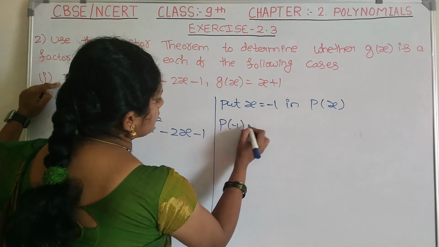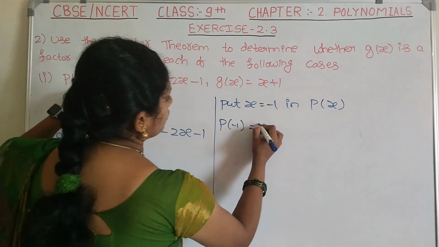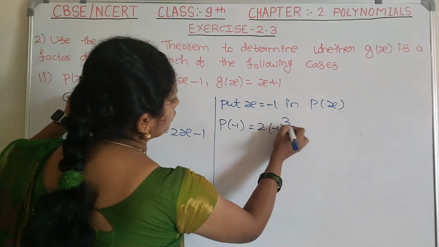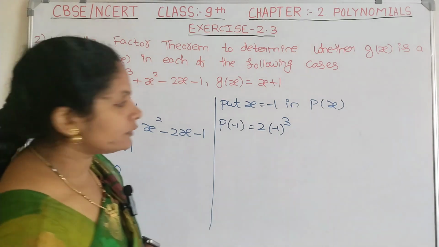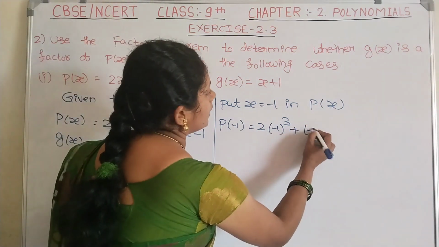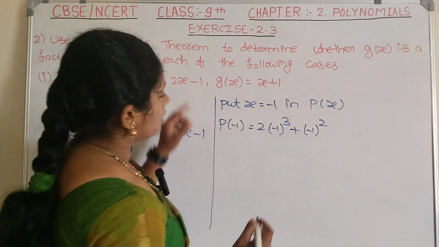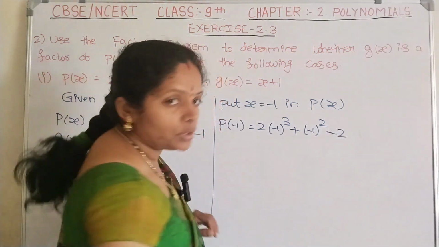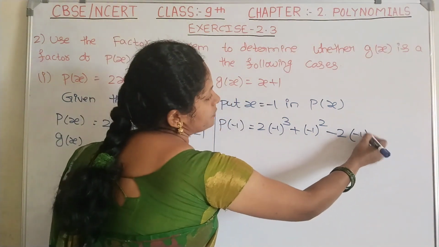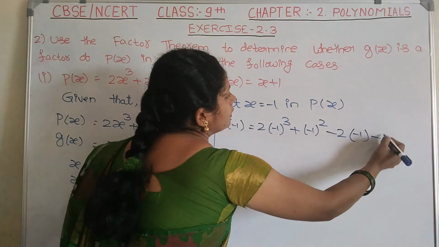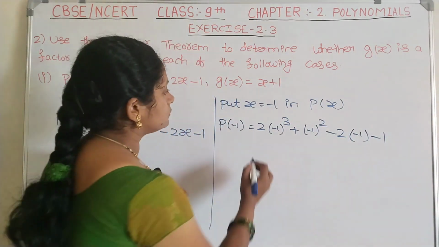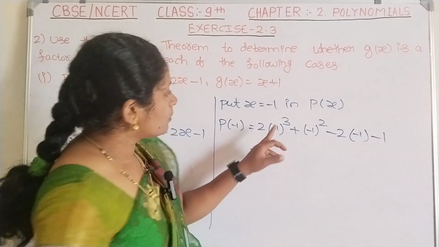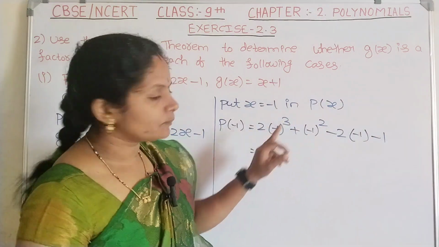P of minus 1 equals 2 into minus 1 whole cube plus minus 1 whole square minus 2 into minus 1 minus 1. 2 into minus 1 whole cube is minus 1, 2 into minus 1.